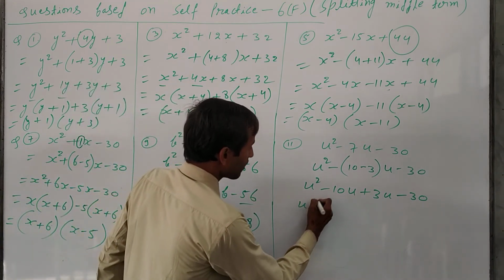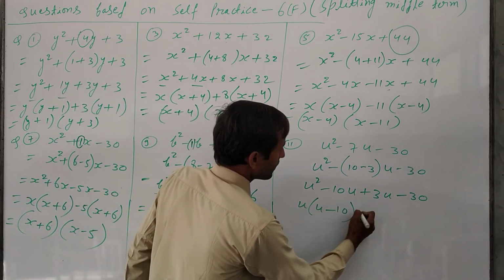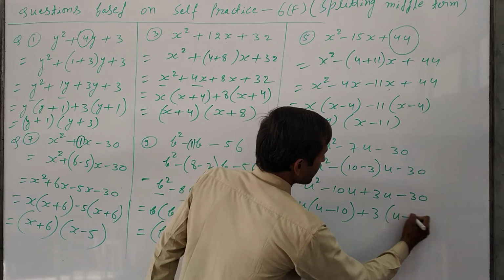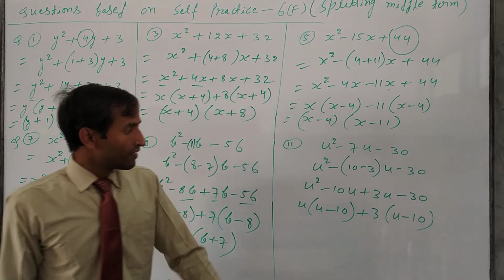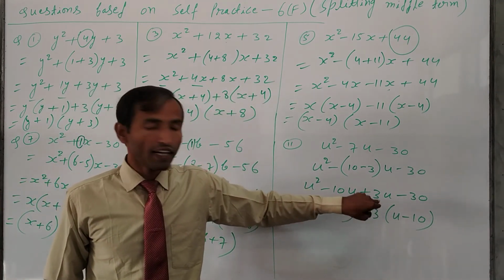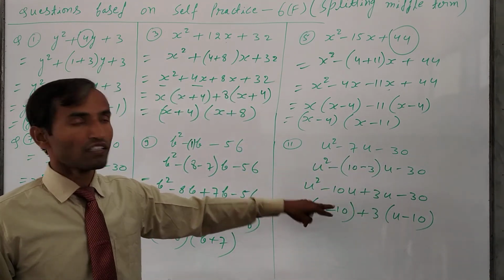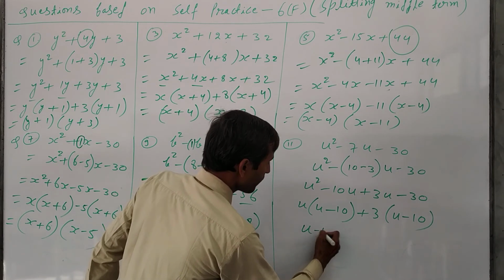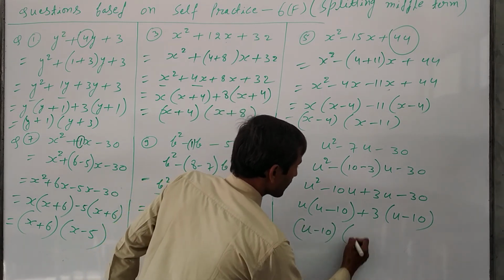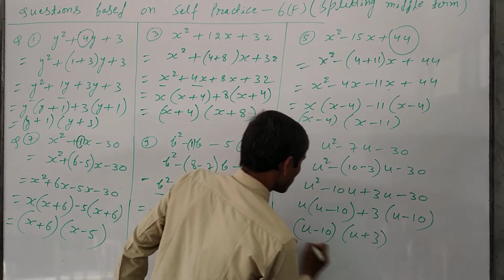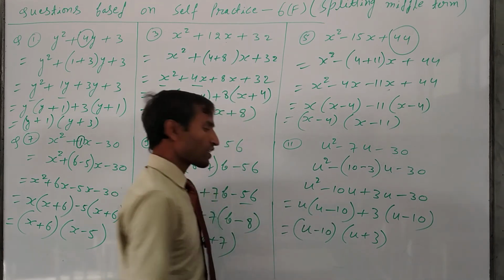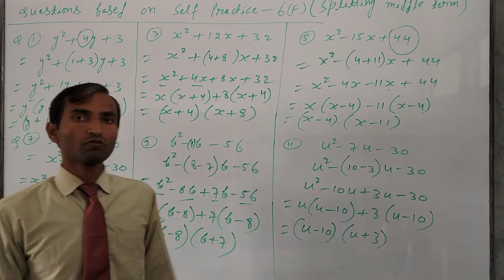So u will be common: u minus 10, and then plus 3 times u minus 10. In place of 30 we write 10, because in the 3 table, 30 comes 10 times. Now we take u minus 10 common, and the remaining is u plus 3. So this is the final factorization. First factor is u minus 10, second factor is u plus 3.